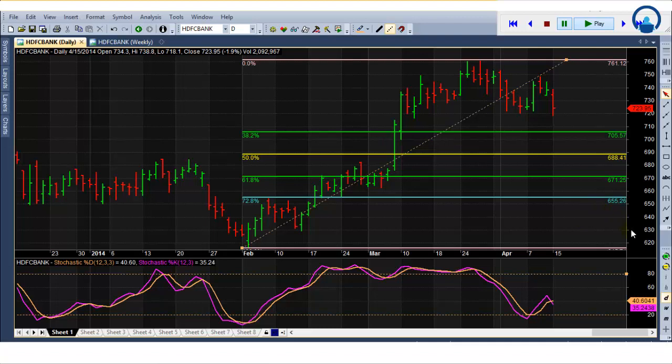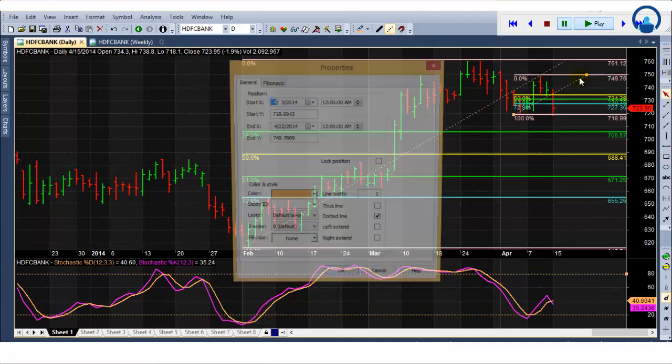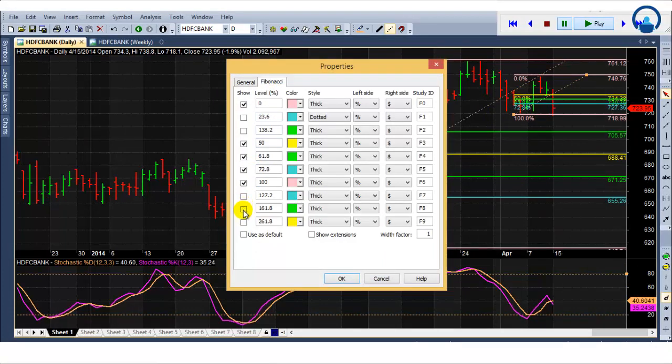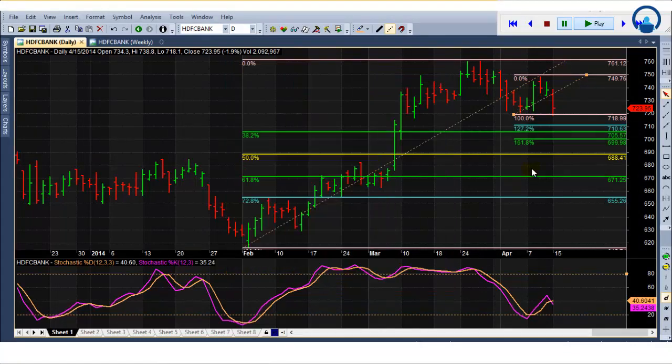Not enough though. We'll plot an extension of this smaller swing, minor swing. Okay. So we have a tight price range of 699 to 710 with one of 38.2 and two of minor swing.